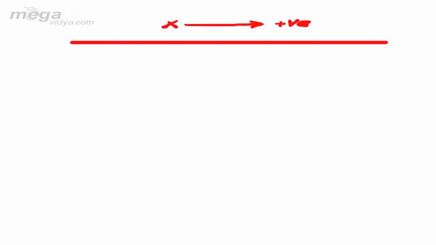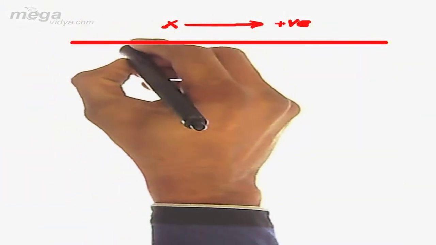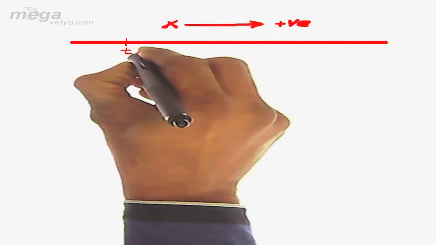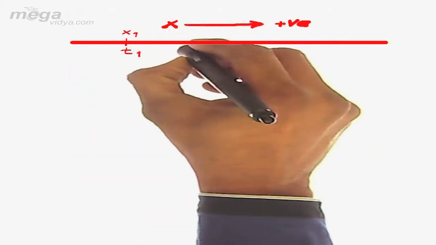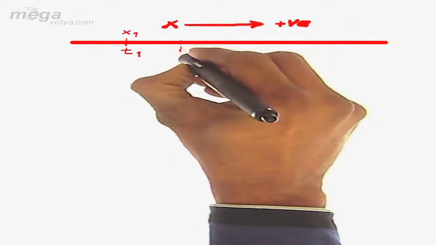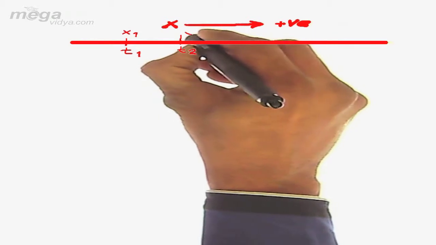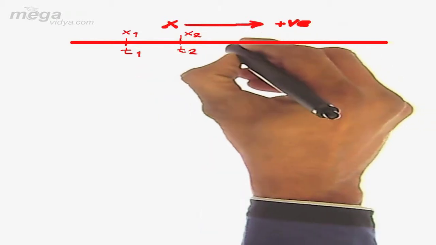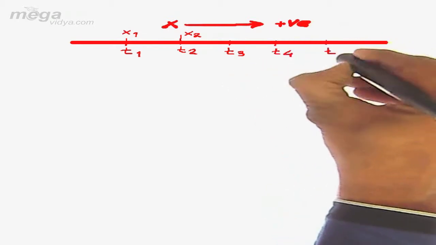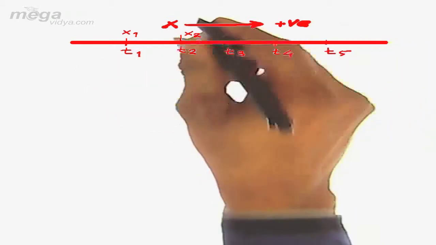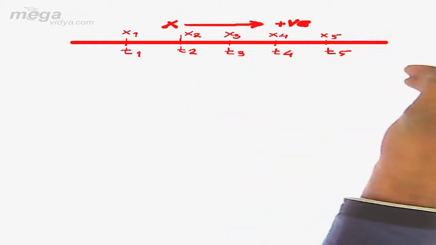Now just for easiness, say at time t1 the particle is at this position, say x1. At some other time t2 the particle is here at this place, say this position is x2. At times t3, t4, t5 and so on, the particle's positions are x3, x4 and x5 respectively.